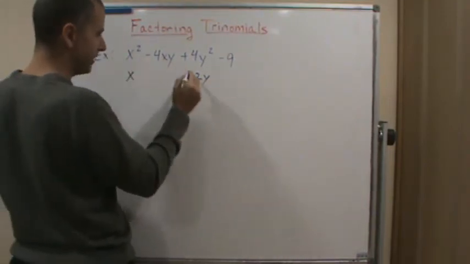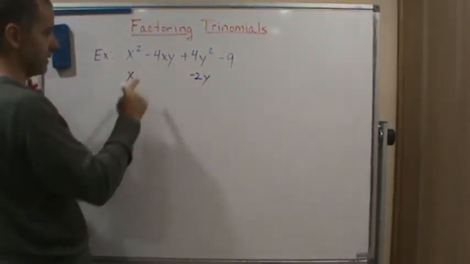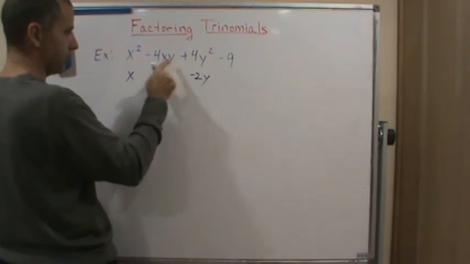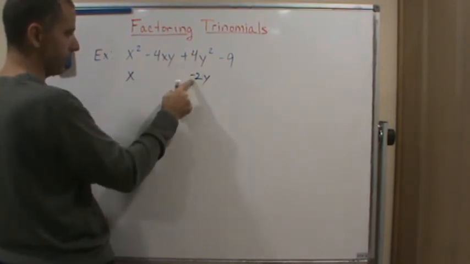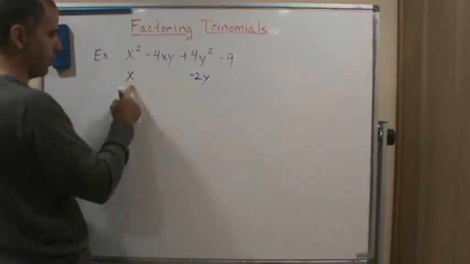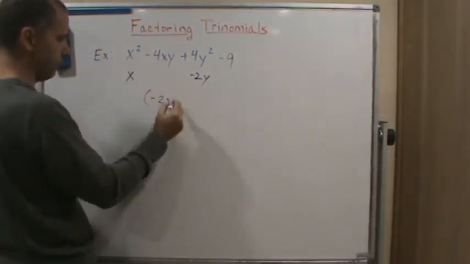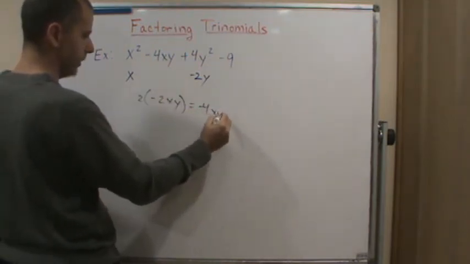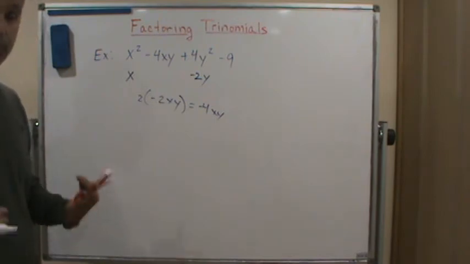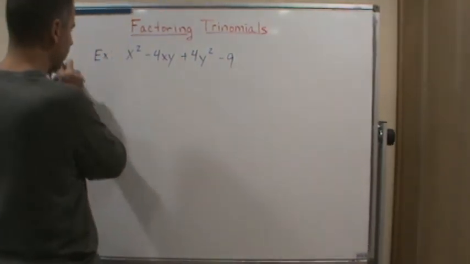In fact, that would be -2, because this is negative, and so this is going to be negative, 2 negative terms. And so if you multiply these together, you get -2xy, and then if you double it, you get the middle term. So it is a perfect square. So we know we can factor this.